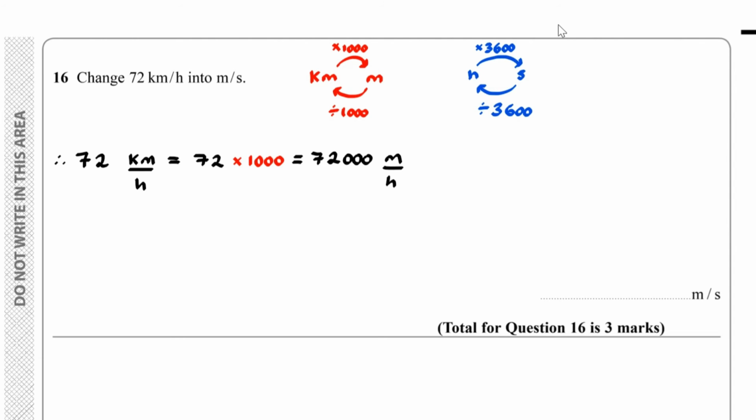And then what we need to do is divide this amount by 3,600. So if I do that, I would have 72,000, then I need to divide this by 3,600.